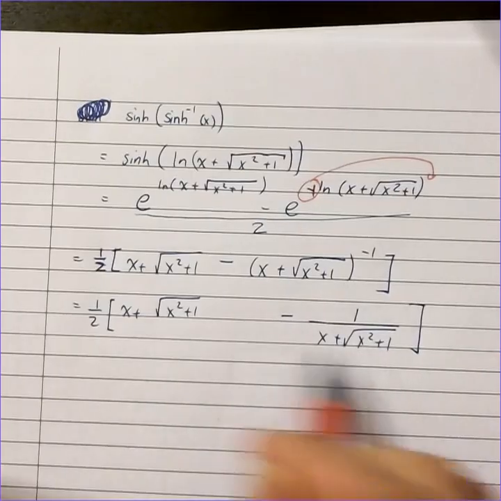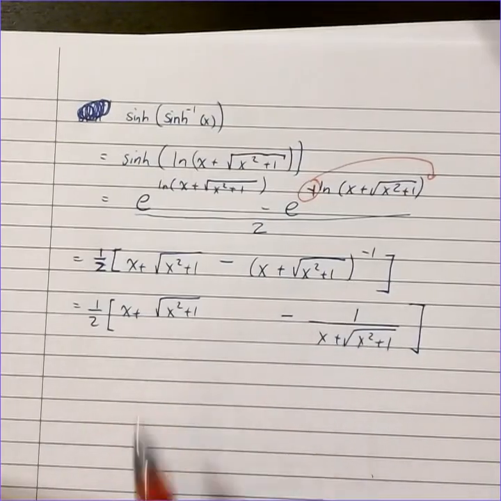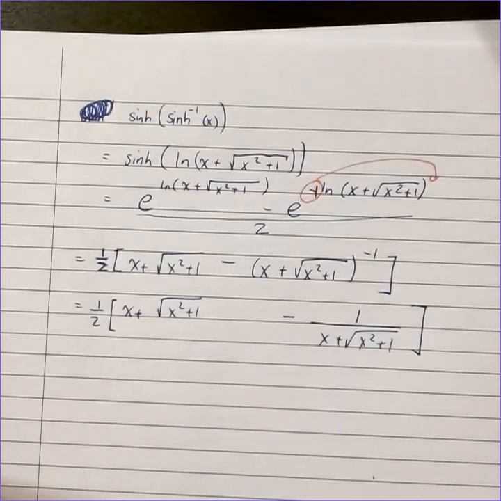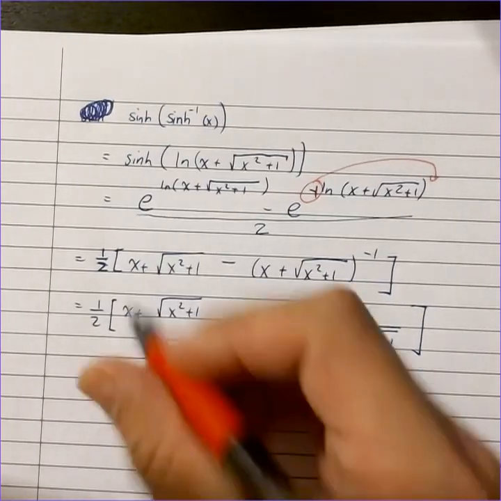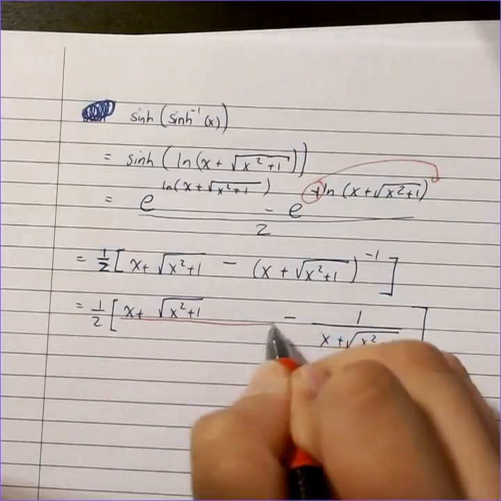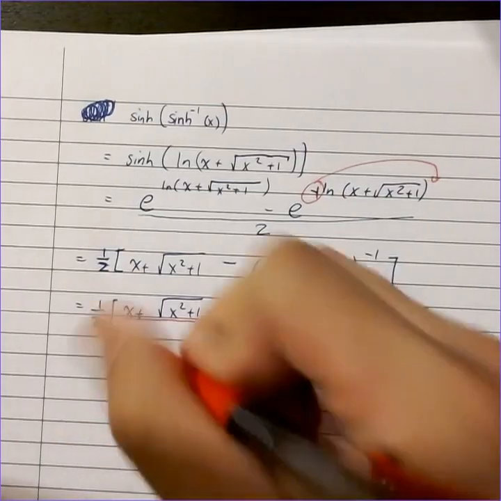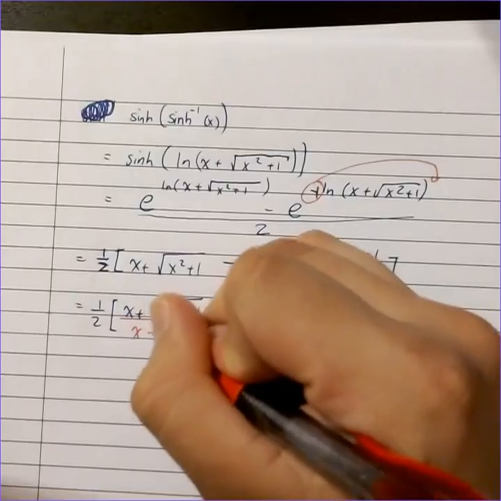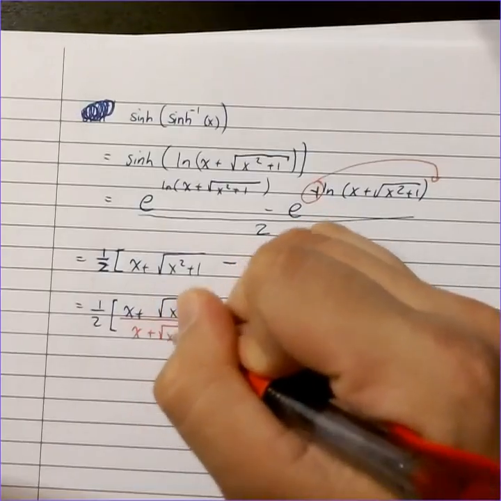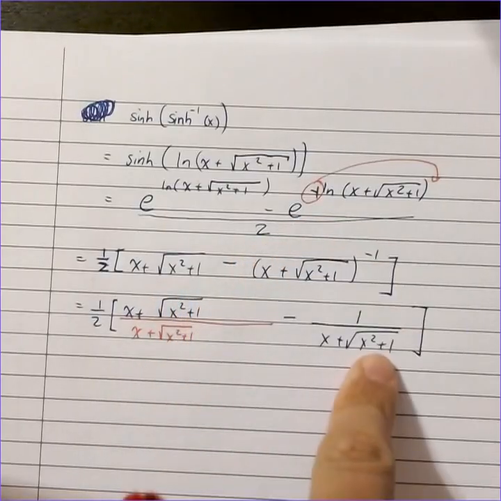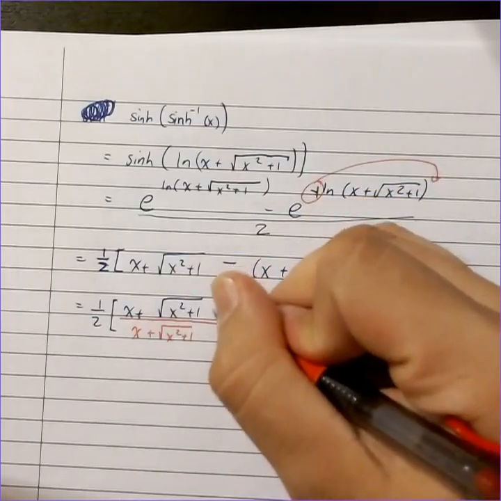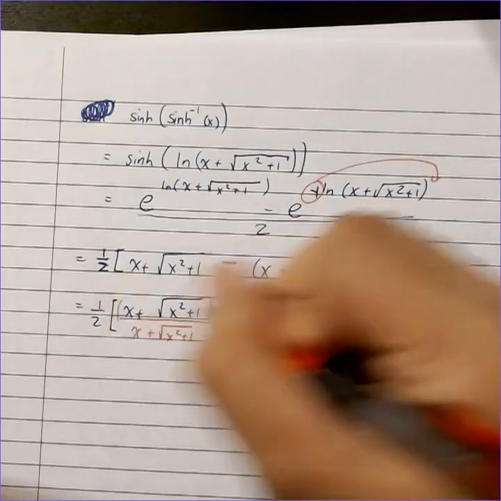And now I can add these together, or I guess I should say I can subtract these by giving them a common denominator. So I can multiply top and bottom here by that denominator. So that's going to be x plus square root of x squared plus 1, so that they have the same denominator. And then I can do the same thing on top up here.